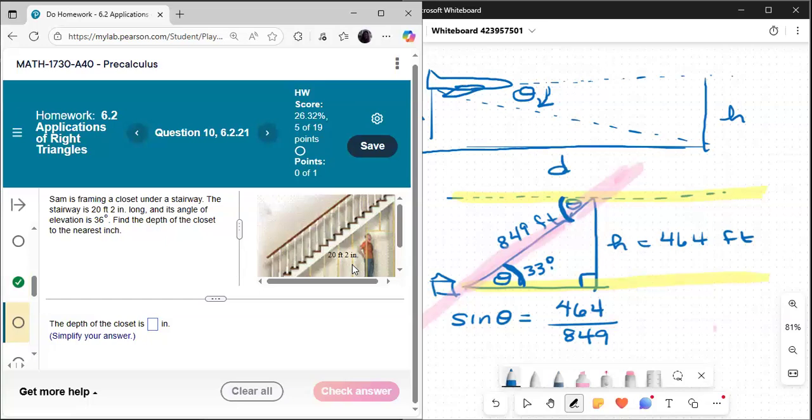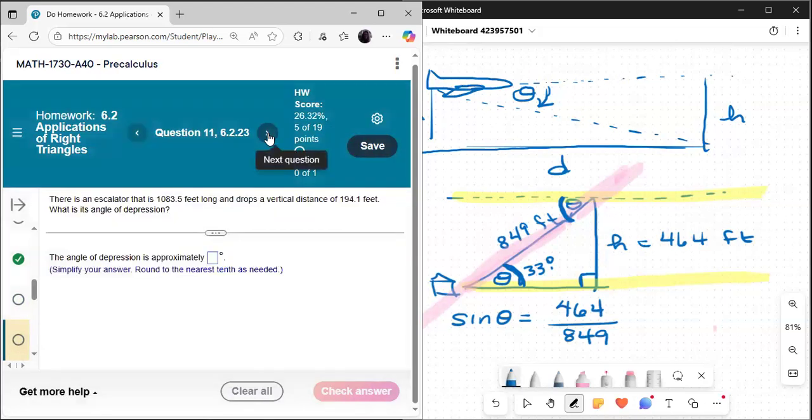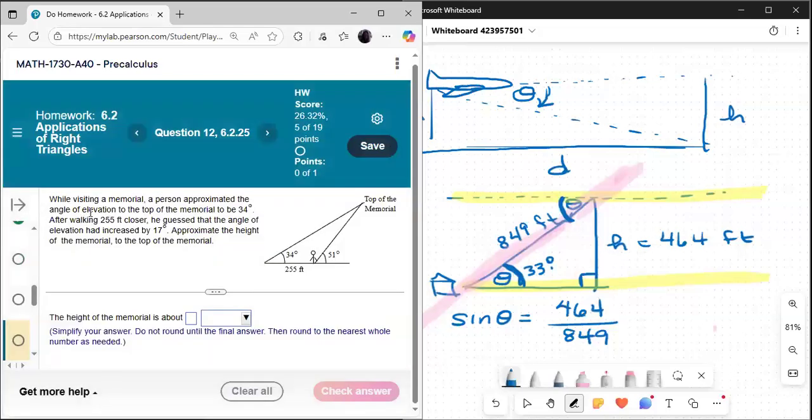The next problem I want to look at is some of the application problems. There's a few in the back of the homework, like 12. Let's look at number 12.